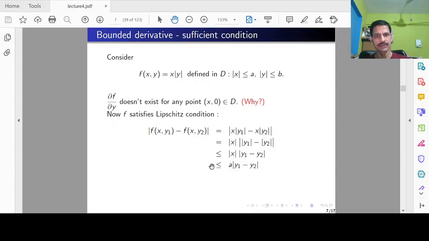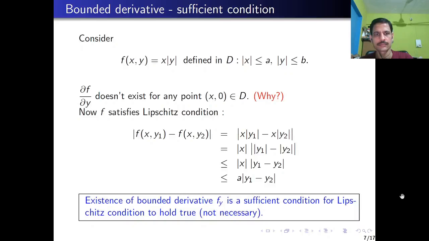So we see from this that f satisfies Lipschitz condition. The Lipschitz constant here is a, but the partial derivative of f with respect to y, that is the second variable, does not exist. So as I said before, the existence of bounded derivative f_y is a sufficient condition for the Lipschitz condition to hold, but it is not necessary.